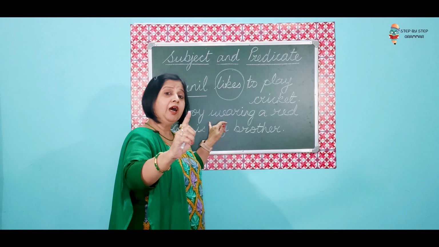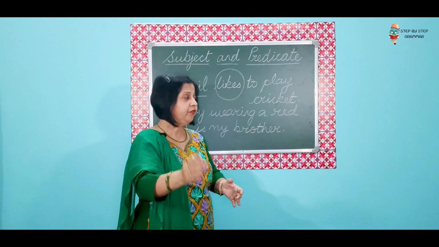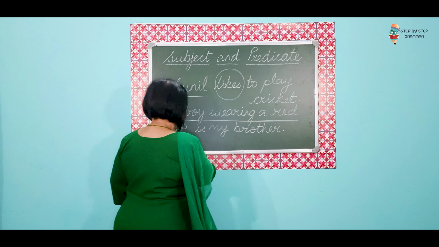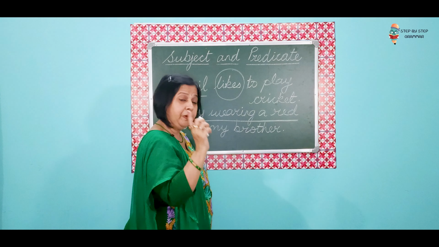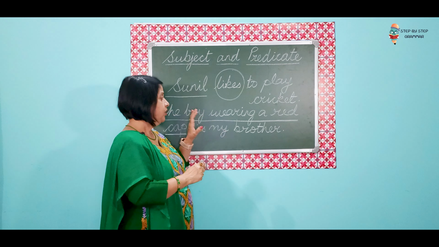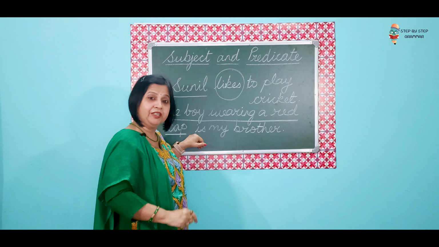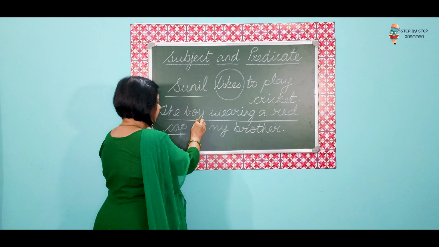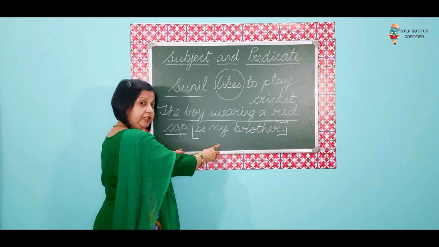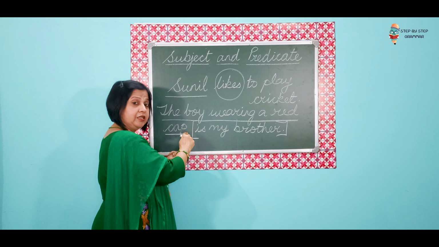The boy. Are we talking about any boy? No, I'm specifying that the boy wearing a red cap. I'm especially talking about the boy who's wearing a red cap. So the boy wearing a red cap becomes my subject. And which is the predicate part? Is my brother. The predicate is telling us who the subject is.